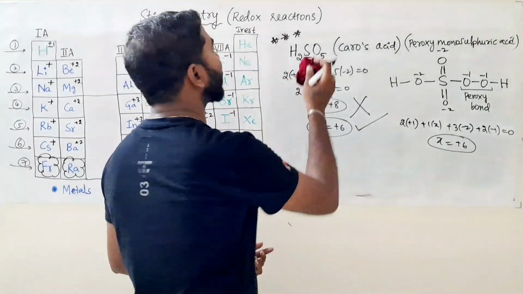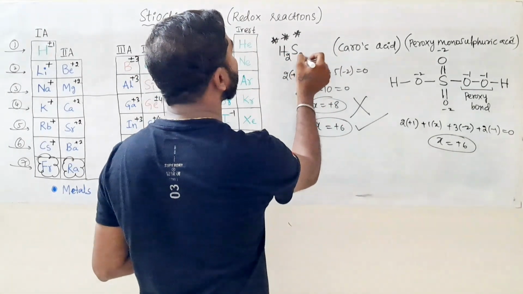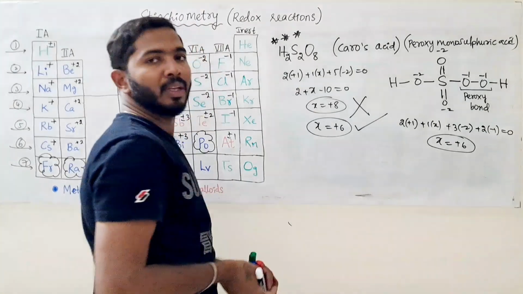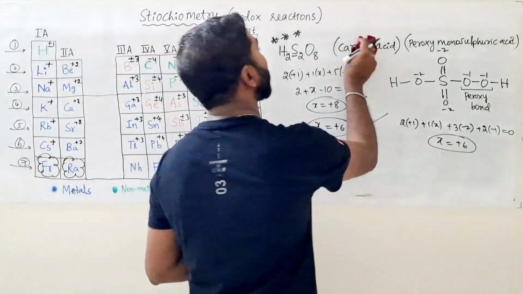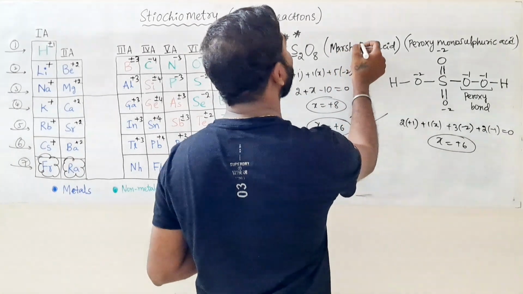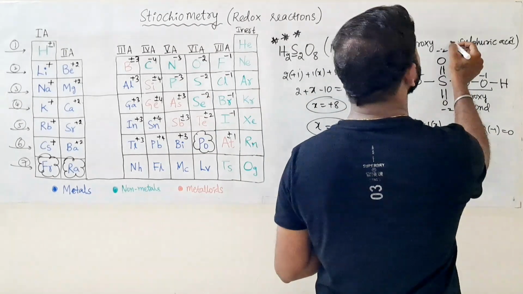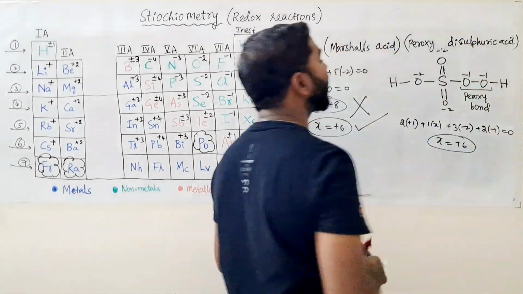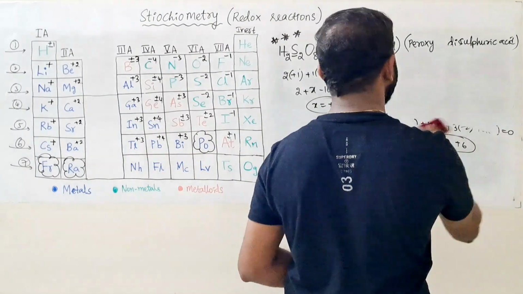Okay, and then next let me take another example, that is H2S2O8. And now we need to calculate the oxidation number of sulfur again. So what is the compound name, sir? The compound name is Marshall's acid, and the other name is also possible, that is peroxydisulfuric acid.